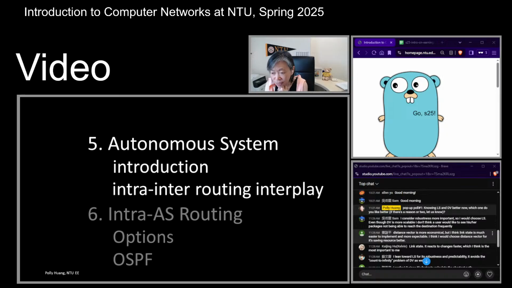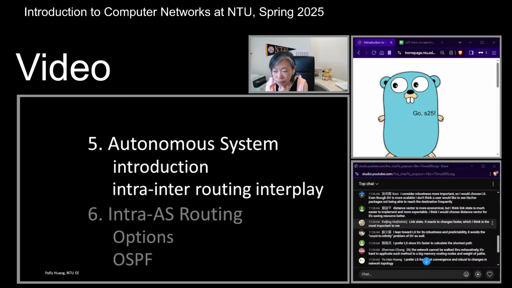Yeah, that's a good point, because the internet is definitely dynamic. When it comes to dynamics, link state, although not as scalable, handles changes a little more timely. But distance vector, in the worst case, can be horrible.